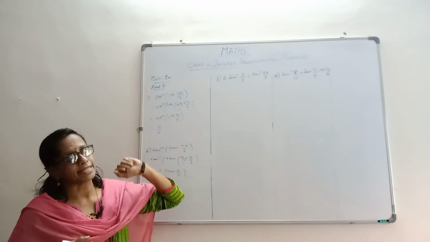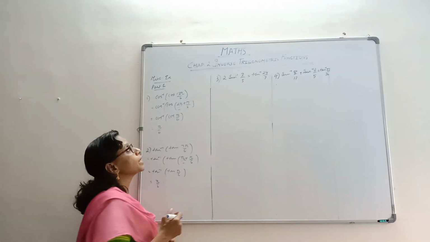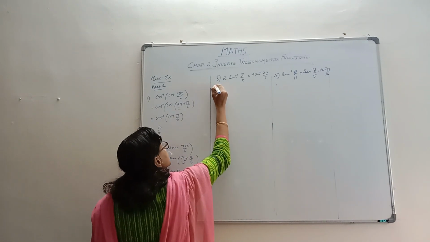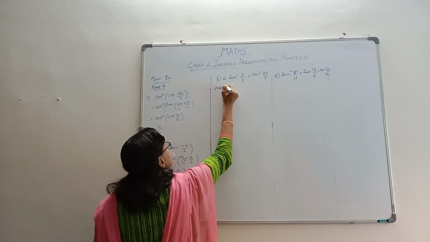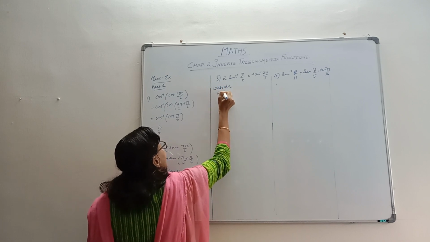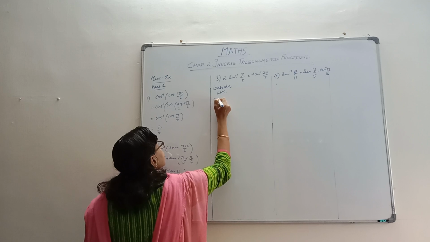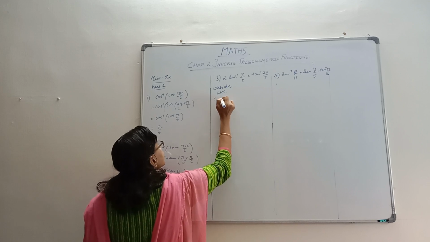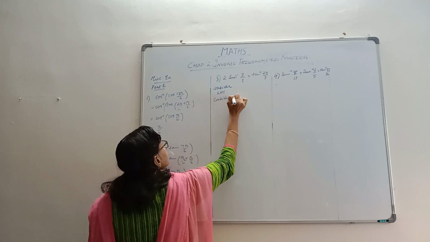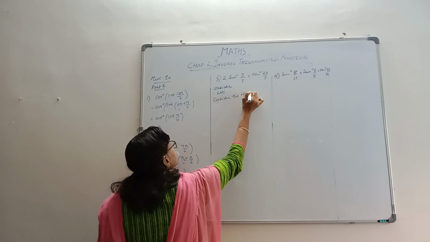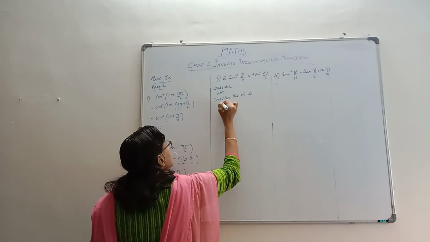Left hand side equal to right hand side. Let's get right away. We will first consider the LHS, and we'll consider the right triangle. How is our right triangle?